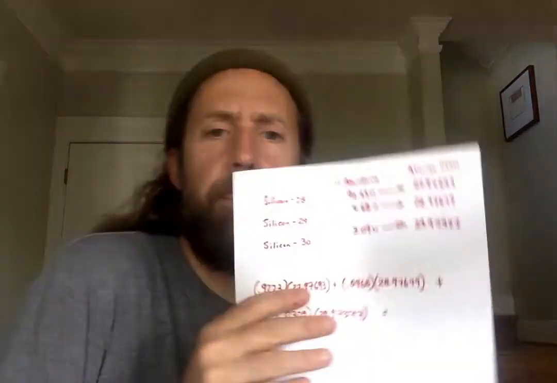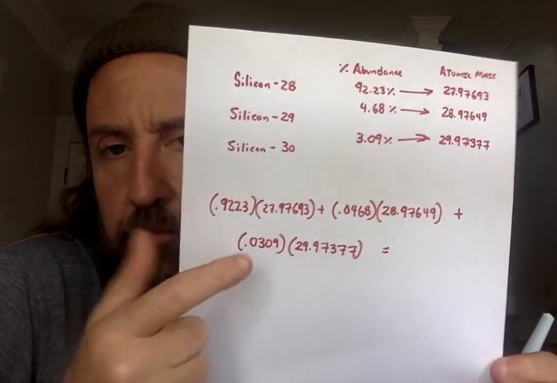And then plus, I ran out of room, so I'm going to do it on another line. 0.0309 times 29.9737. So we set it up that way.